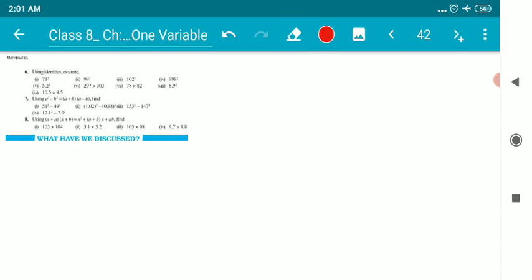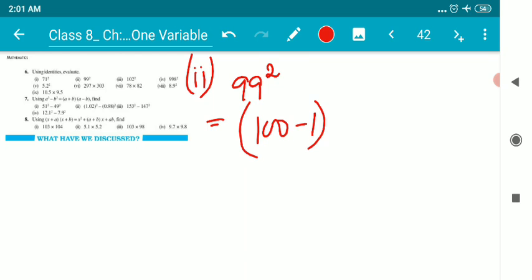The next question is about 99 square. Let's see how to solve it. Children, 99 can be expressed as 100 minus 1 whole square, because the square is on 99, and in order to bring it in the form of an identity, we can simply express 99 as 100 minus 1.